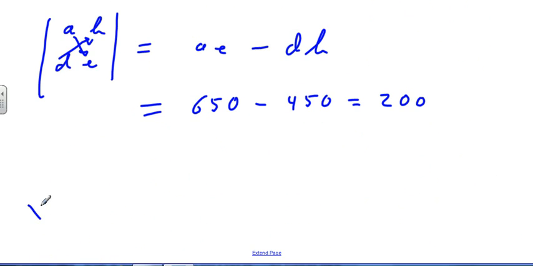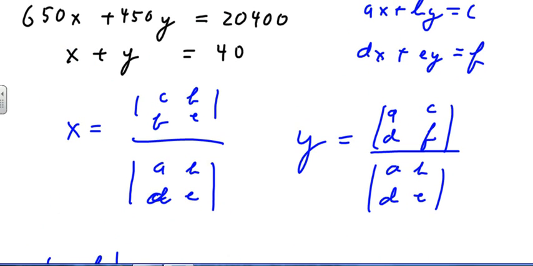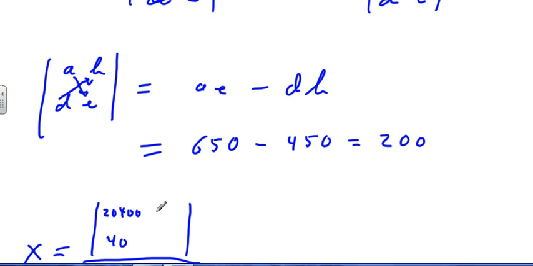Okay, so now I have 200 that's going to go in the denominator of both the x and the y. All right, so now x is equal to, on the bottom I got 200 because I already did it. On the top I have 2400 and 40. So that's my c and my f. And then I need a 450 and a 1.